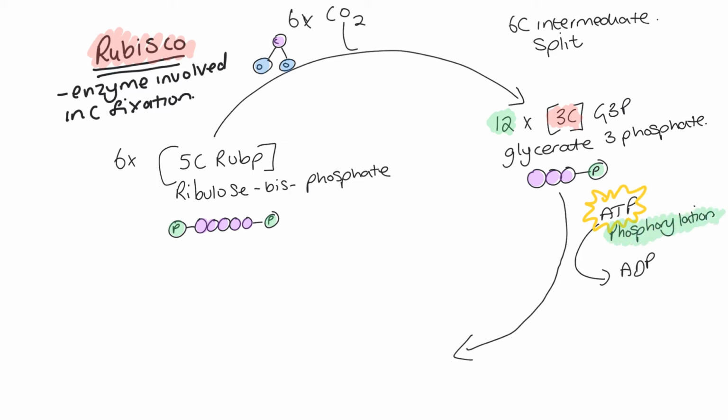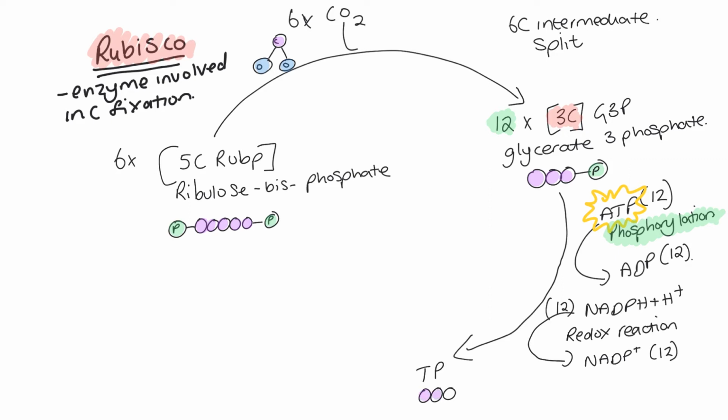This produces triose phosphate. The G3P was phosphorylated and it was reduced. So we used the ATP and the reduced NADP from the light-dependent reaction.